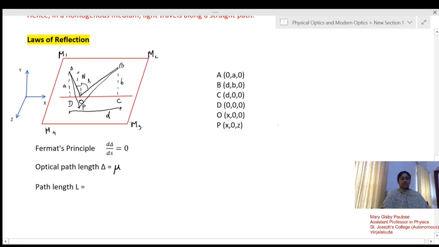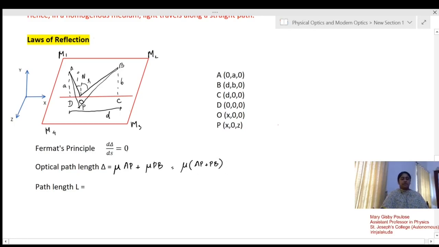Mu into, so we have assumed that light takes a general path APB. I'm going to write mu into AP plus mu into PB. Okay. So I write mu into AP plus PB.